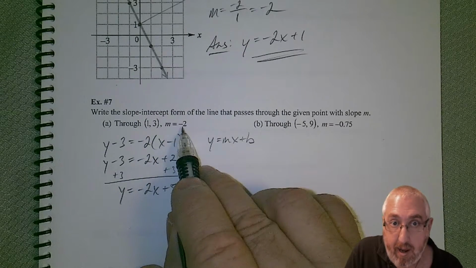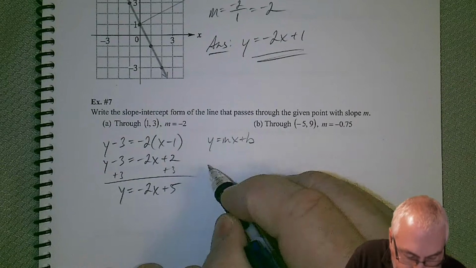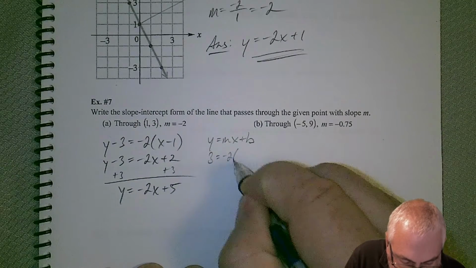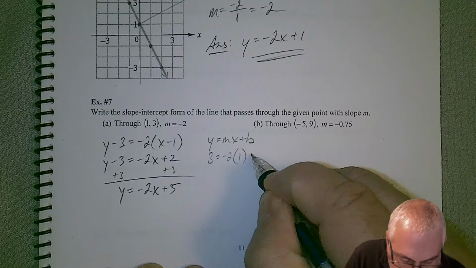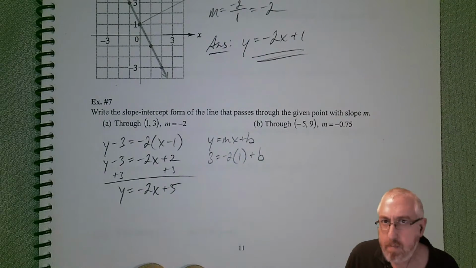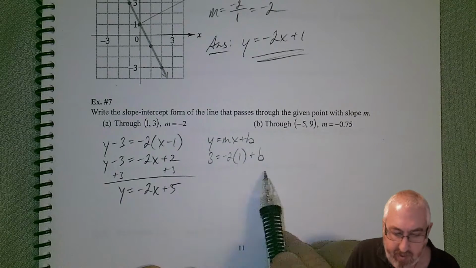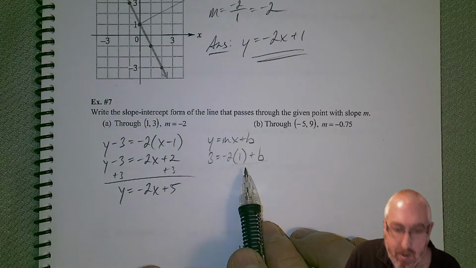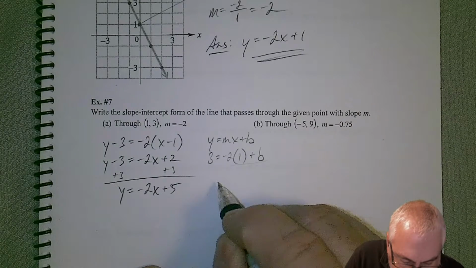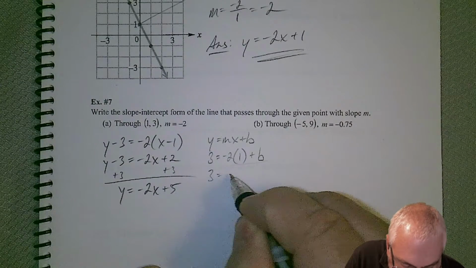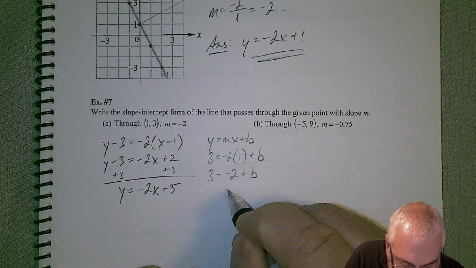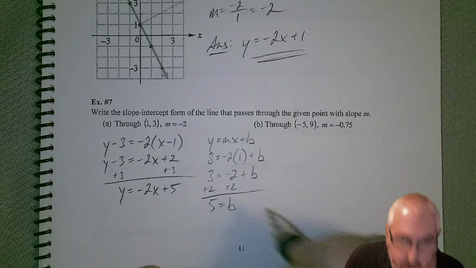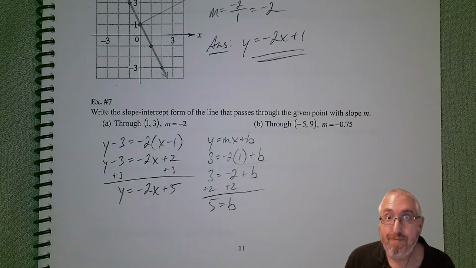And then we still got m is equal to -2. So if we plug in 3, -2, x is 1, and b we don't know. But now that's the only thing we don't know in this whole math problem. So let's see what b is going to be. So we have 3 equals -2 plus b. Let's add the 2. And lo and behold, b is 5.